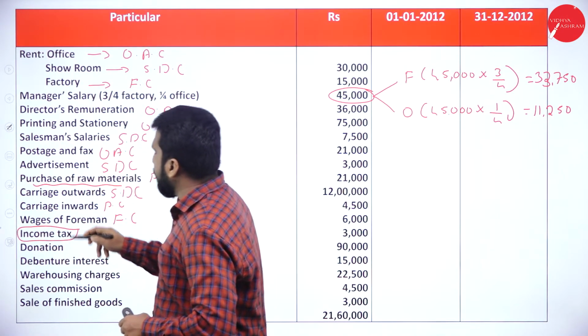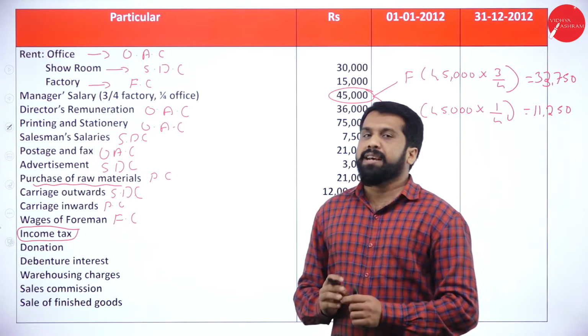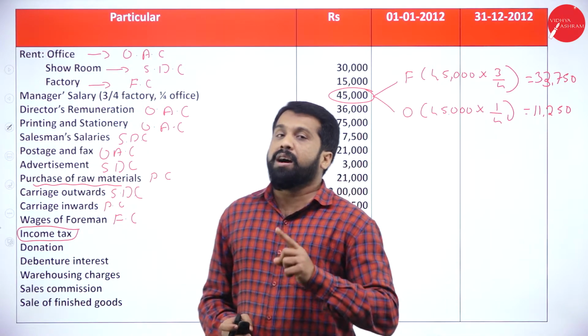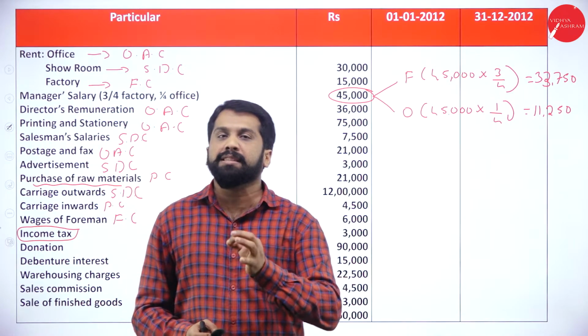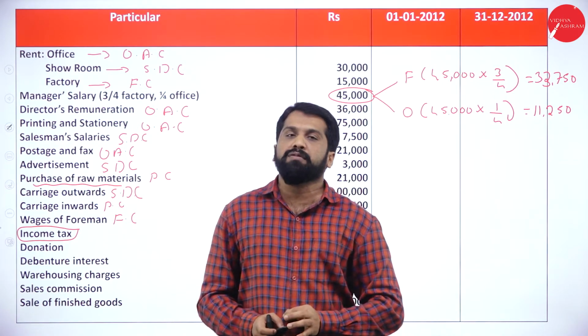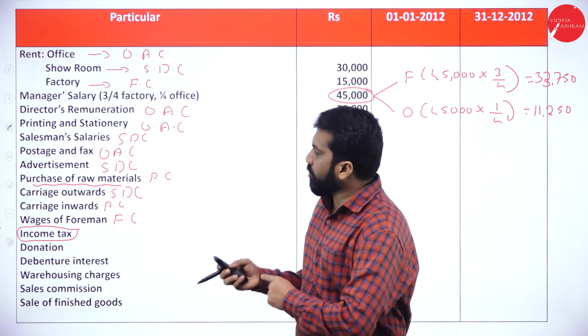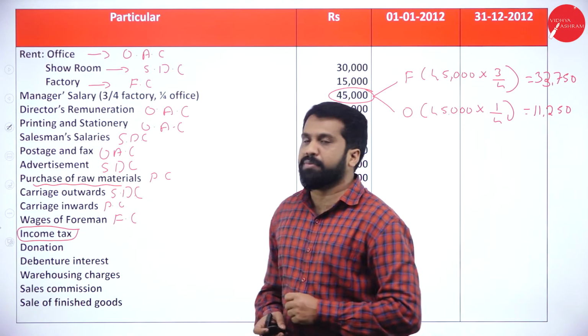Income tax. Remember, there is no connection between cost accounting and income tax. Income tax comes where? After you have done sales. After you have done sales, they will consider that you will get this much profit. In the cost sheet, you have not yet done the sales. So how will your tax come?